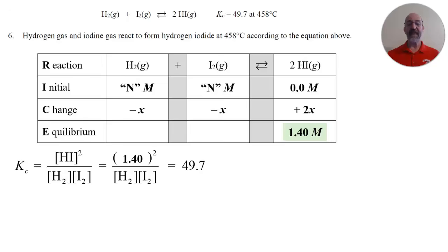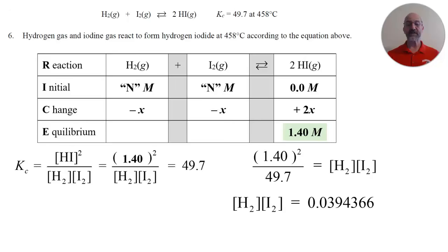I have that Kc, the value of the equilibrium constant, is 49.7, and now I will do the algebra. So 1.40 squared divided by 49.7 is equal to the product of the concentration of hydrogen times the concentration of iodine at equilibrium. 1.4 squared divided by 49.7 is equal to this numerical value, which I am choosing not to round off since this is not my final answer.